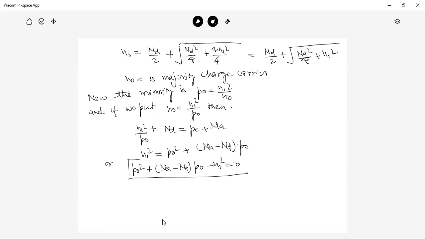So again, this is a quadratic equation in p0.